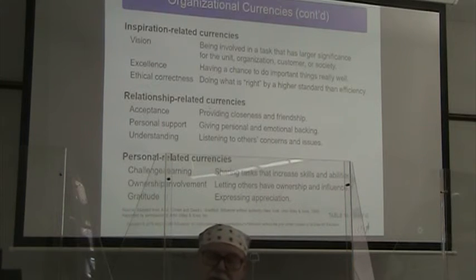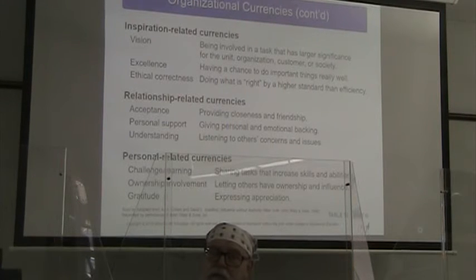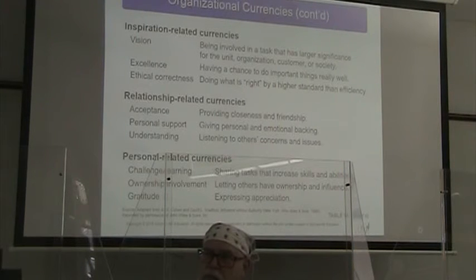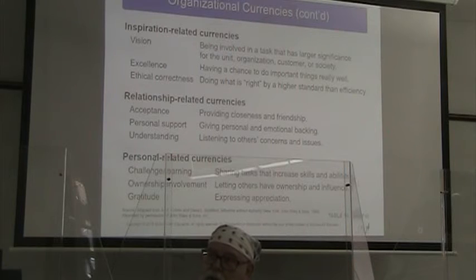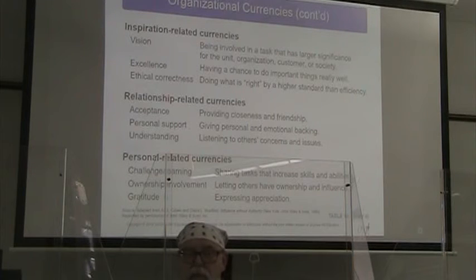Relationship-related currencies. Well, one thing is acceptance. A lot of people feel alienated in our modern world, and often our worker bees, if I may so describe them, are people who, from our point of view, may be a little bit on the peculiar side.